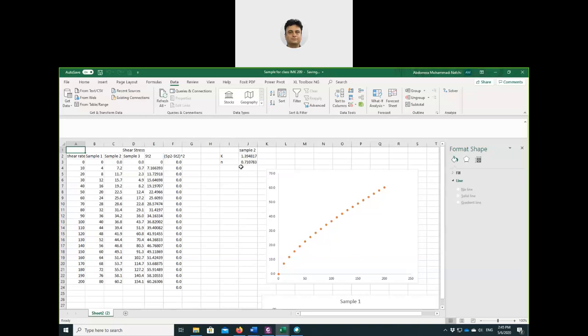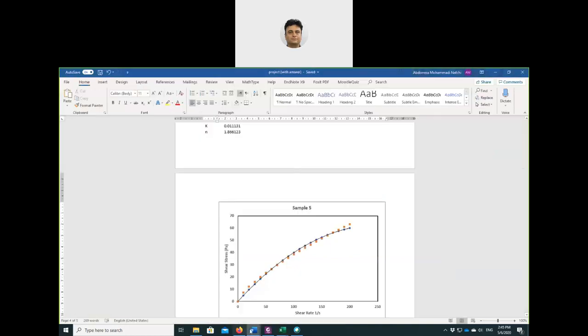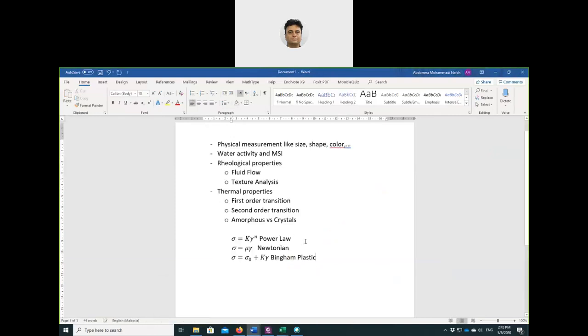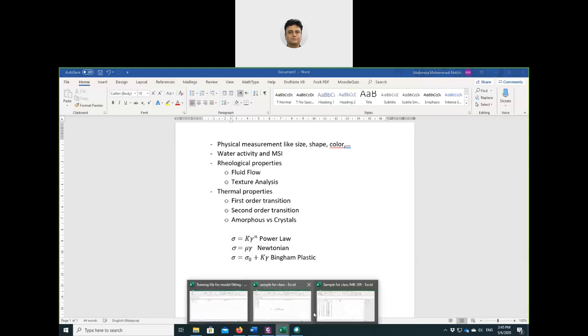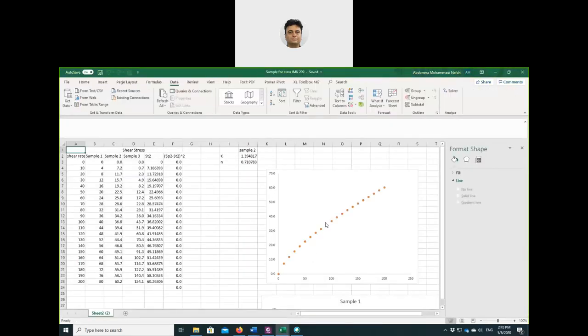Don't forget that in the power law model, if N is equal to 1, exactly it will be Newtonian. If N is lower than 1, it will be shear thinning.